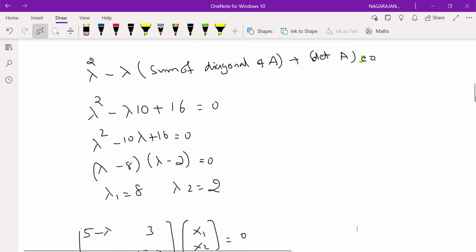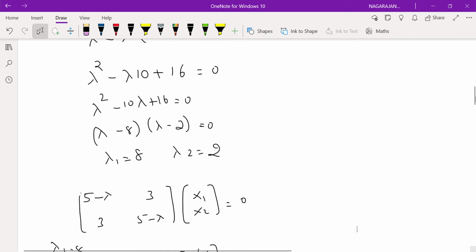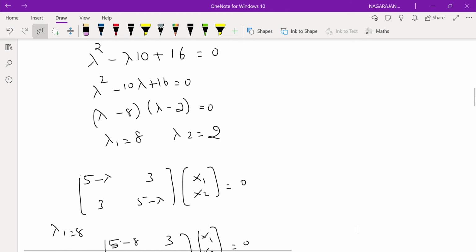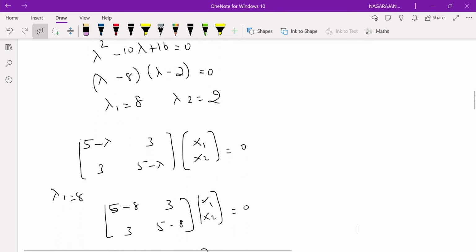Now we are going to find the eigenvectors corresponding to the lambda values. First, lambda 1 equal to 8. Substitute lambda equal to 8. So 5 minus 8, 3, 3, 5 minus 8, times x1, x2 equal to 0.